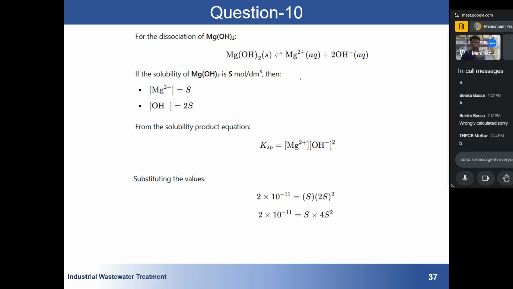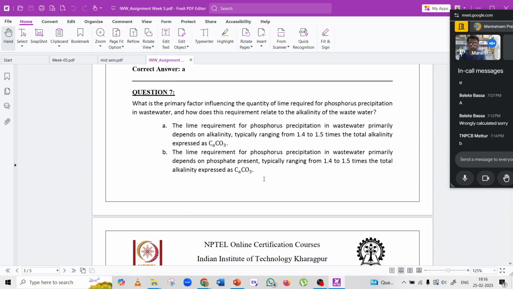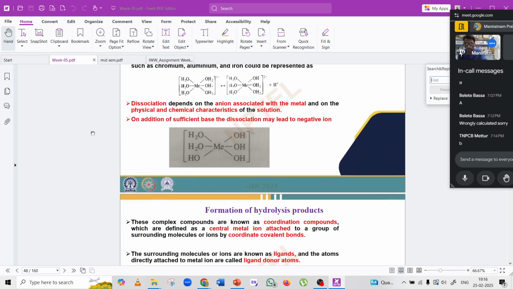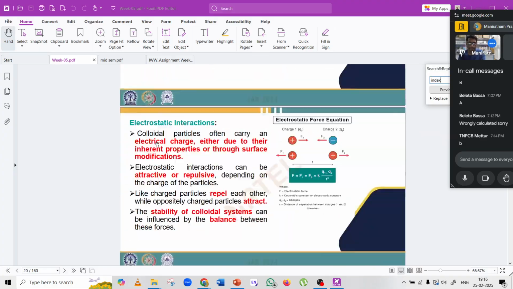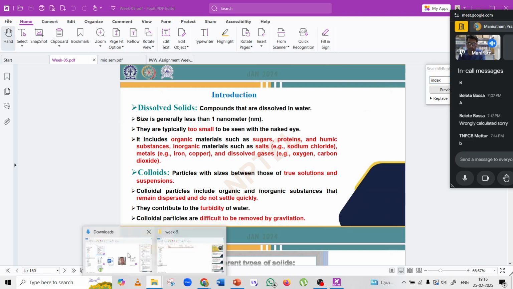Has anyone heard of this concept, saturation index? Anyone heard the term saturation index?